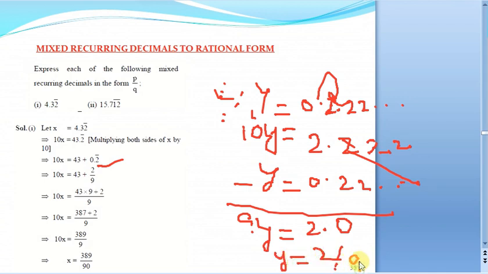So for this decimal form, 0.2 bar, I can write 2 by 9. I am going to replace 0.2 bar with 2 by 9, so now our equation will become 10x is equal to 43 plus 2 by 9.